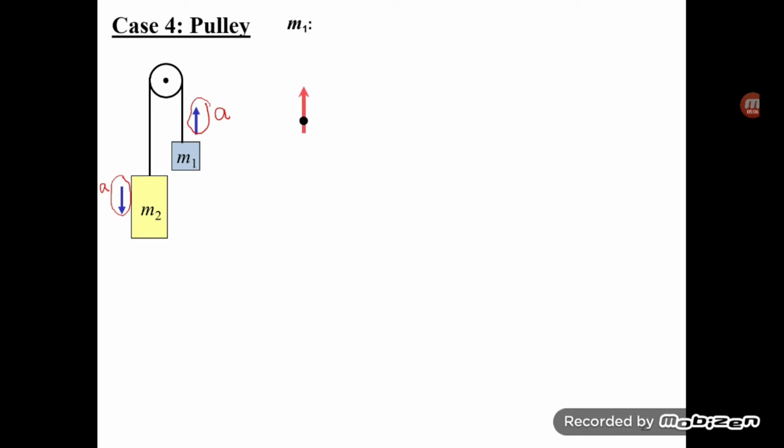M1 has tension 1 and weight 1. The direction of acceleration is upward. And free body diagram for M2: we have tension 2 and weight 2. The direction of acceleration is downward.